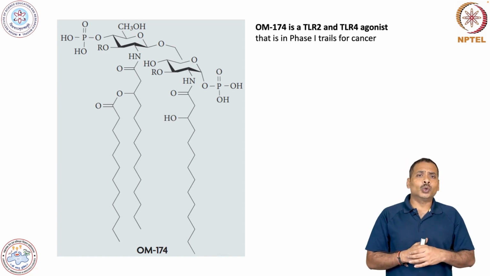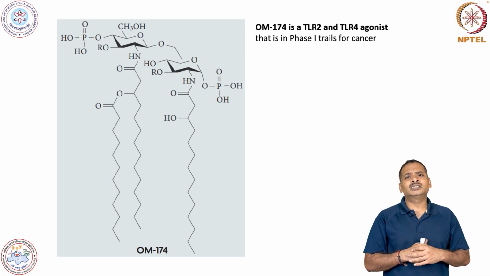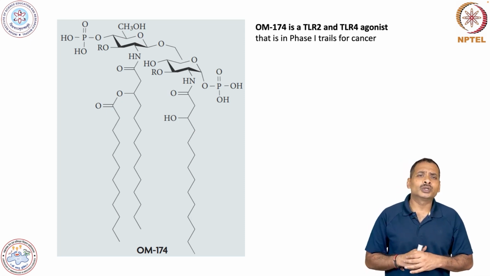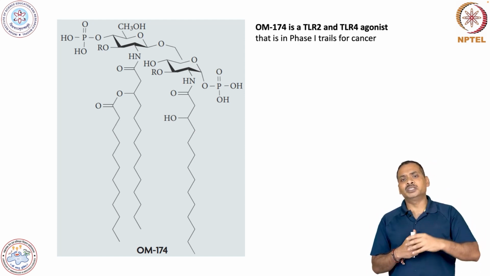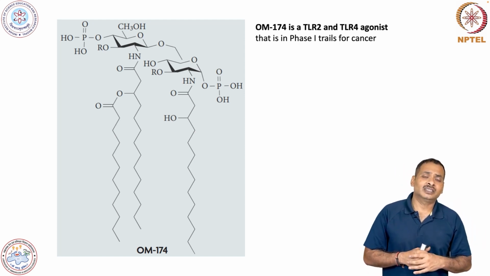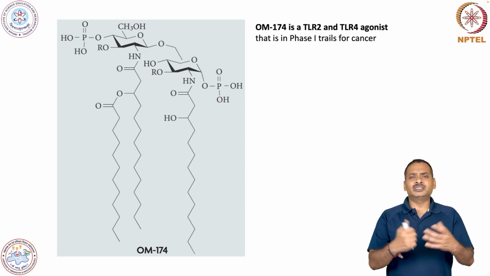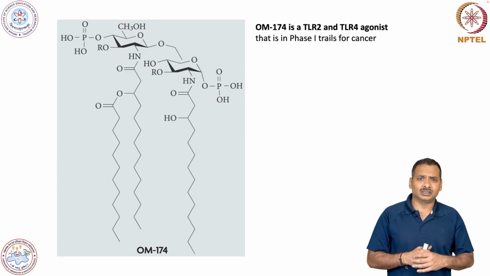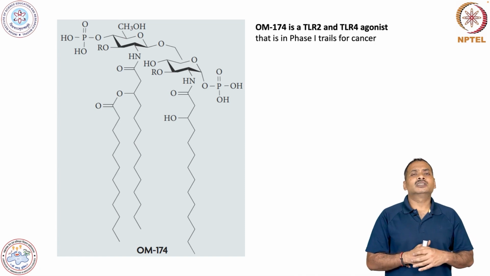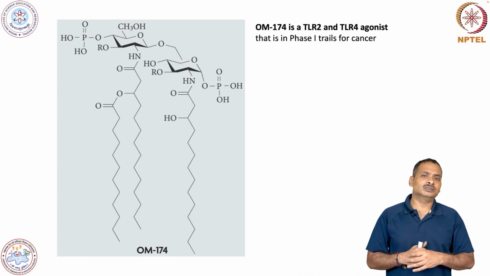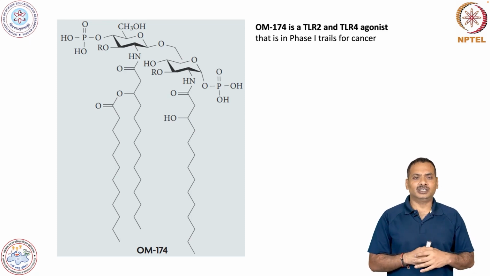Its name is OM174, and this is basically a TLR2 and TLR4 agonist. It activates the TLR2 and TLR4 mediated signaling and induces inflammation or innate immune responses, okay. So this molecule is used in the treatment of cancer, and this is in phase 1 clinical trial.